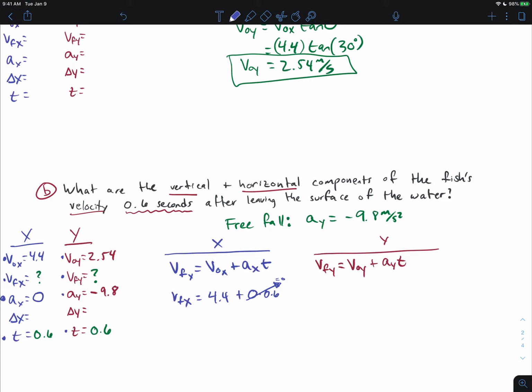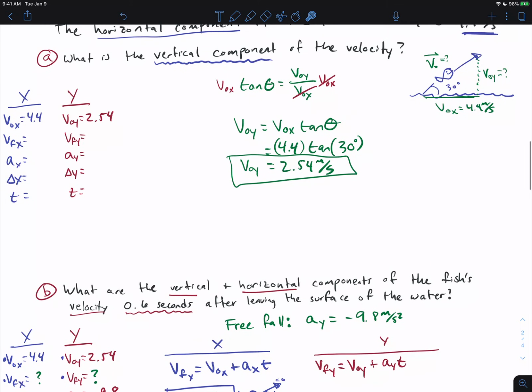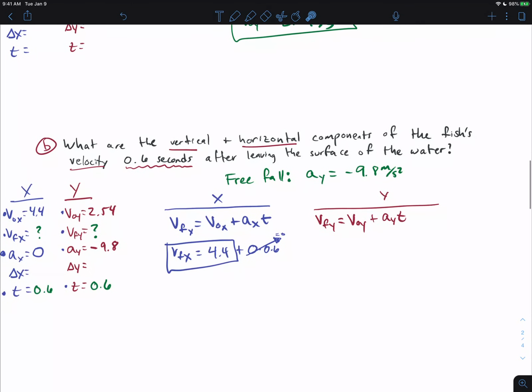And all I'm left with is my final velocity in the x is equal to 4.4. Great, super quick, very easy. This is going to be the case for all of our free fall. You don't have any acceleration in your x, so my velocity is constant. It never changes. As long as this fish is in the air, whatever horizontal velocity it had when it left the surface of the water, it's going to keep that throughout its whole arc, throughout its whole path.